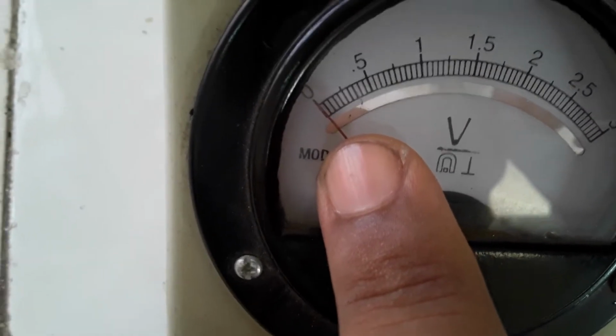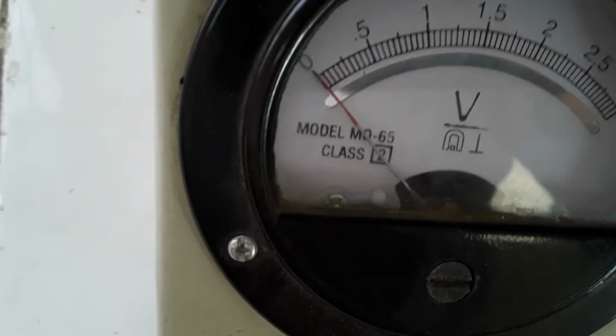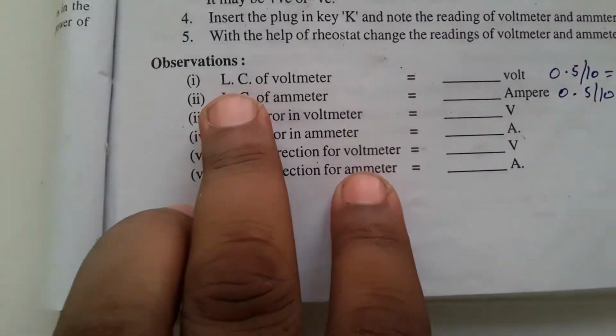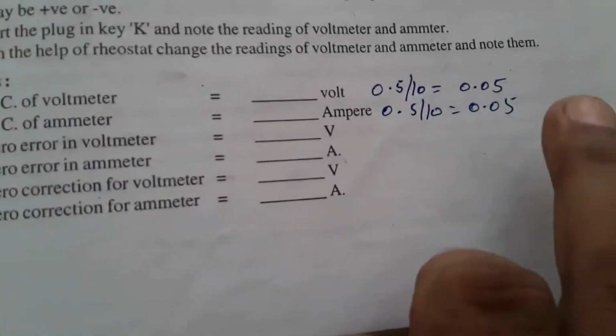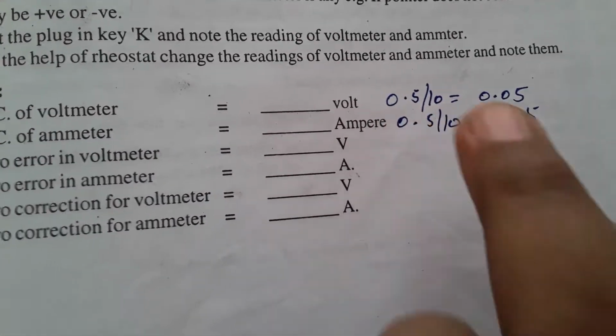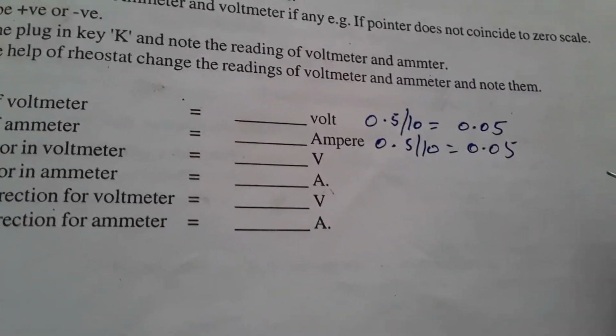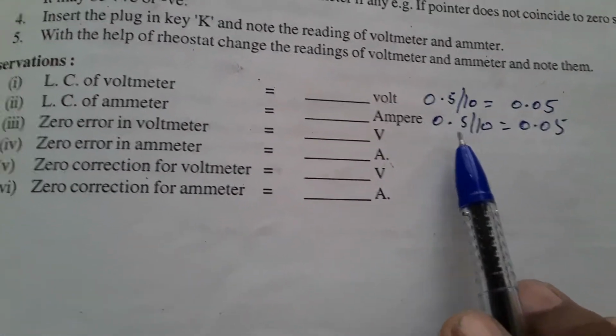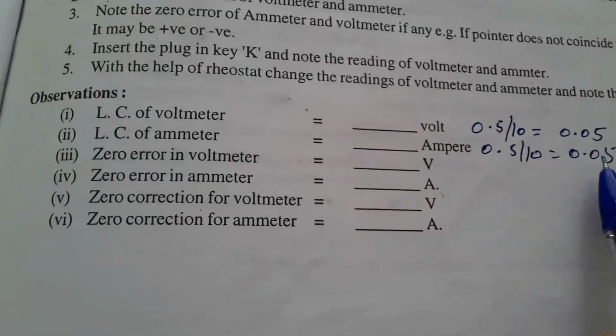So least count will be 0.5 divided by 10. In the observation table, we write least count of voltmeter, 0.5 upon 10, so it is 0.05. Least count of ammeter, 0.5 divided by 10, so it is 0.05.